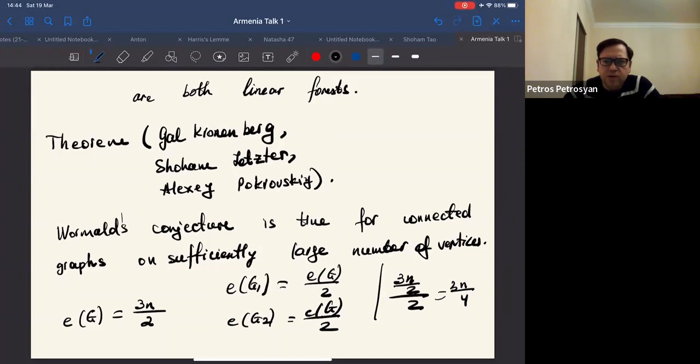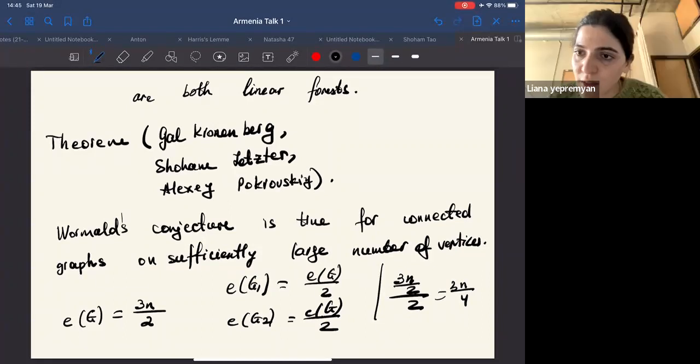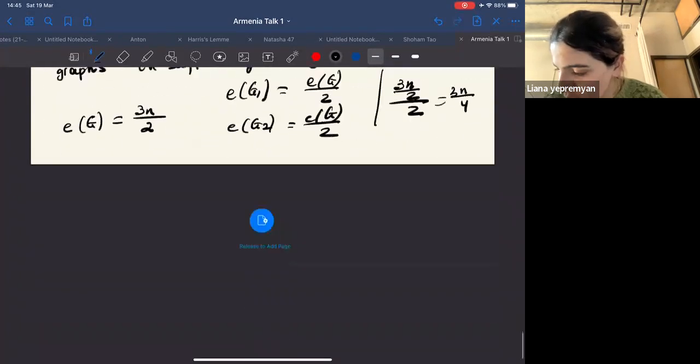Otherwise, in the conjecture, is there some example where you decompose this graph into linear forests such that each path has length at least 4 or something? So yes, that's a very good question.